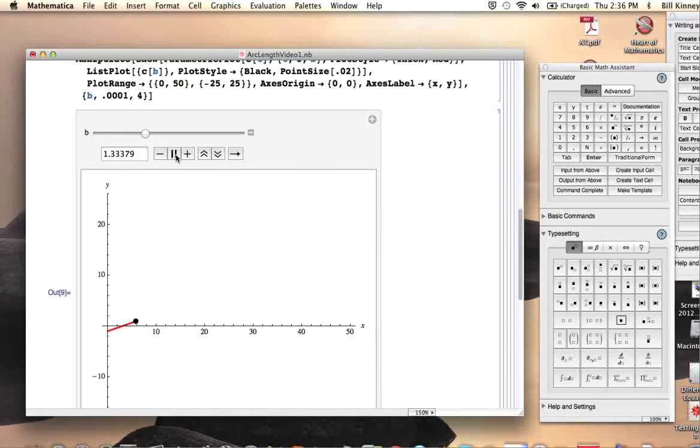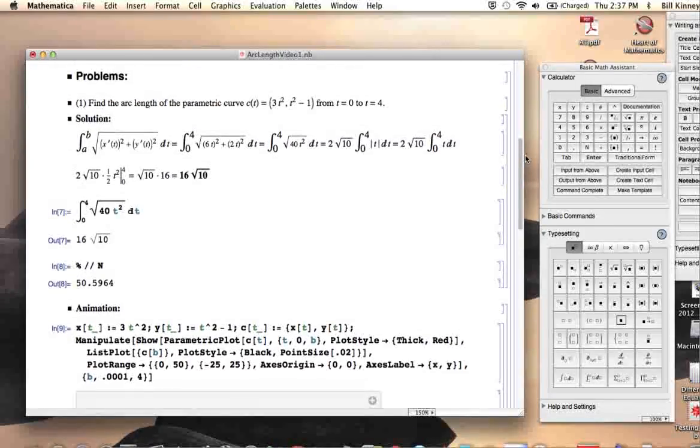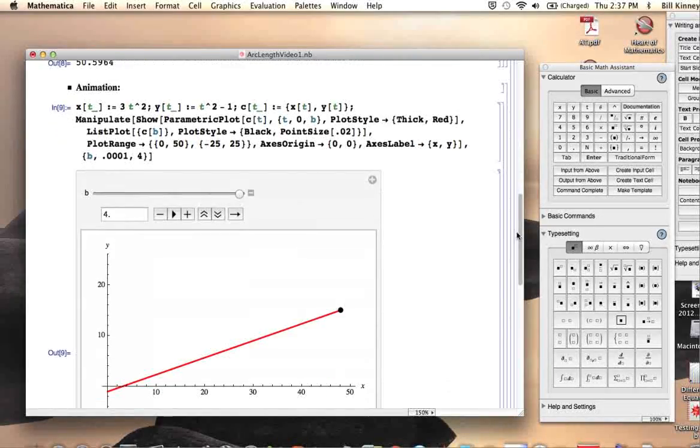And it's a straight line, even though the coordinate functions x of t and y of t are not linear. You can easily see by eliminating t, for example, by solving x equals 3t squared for t squared is x over 3, and then replacing the t squared here with x over 3 to get y equals x over 3 minus 1 as the equation of this line.